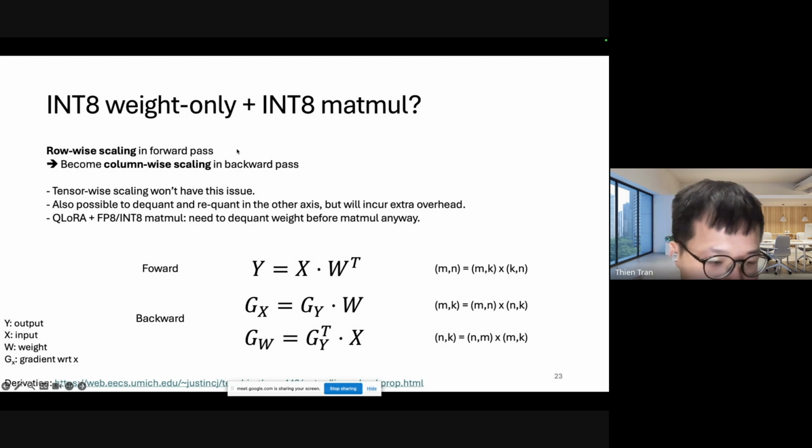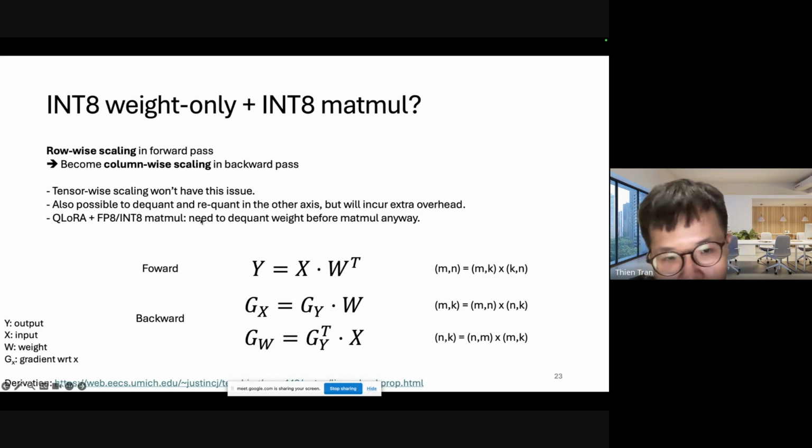The problem is that, in particular for int8, because we're doing row-wise scaling, the backward pass will be a bit problematic. If we look at the math here, this is the forward pass for the linear layer: activation times weight transpose, right? And in the backward pass, all of the matrices here become transposed.